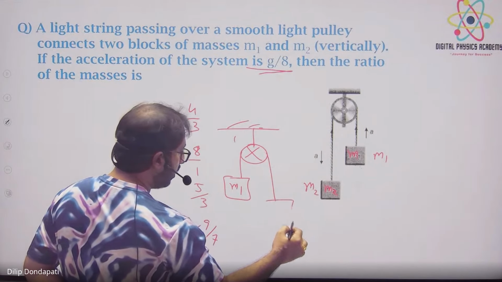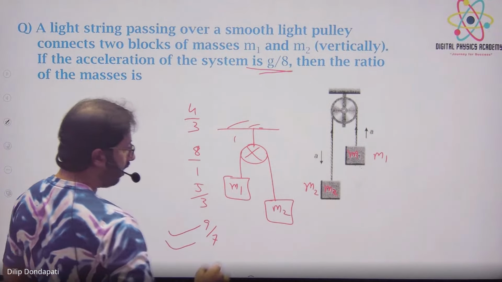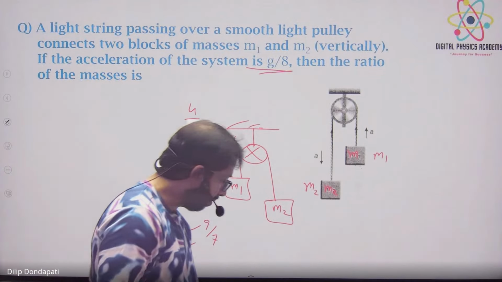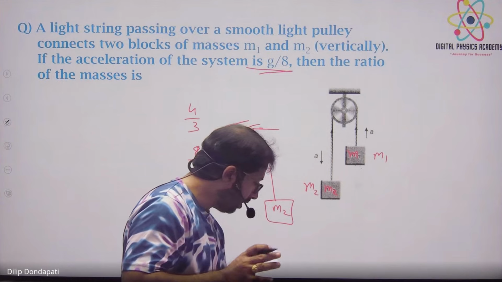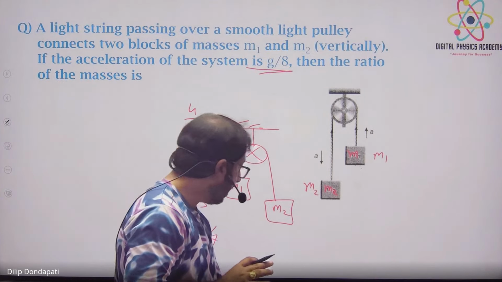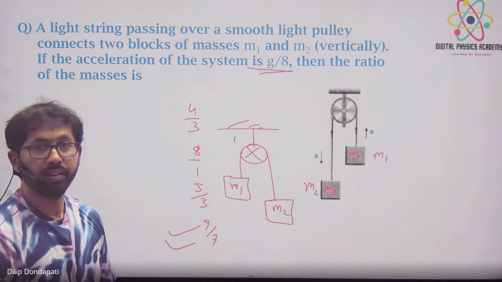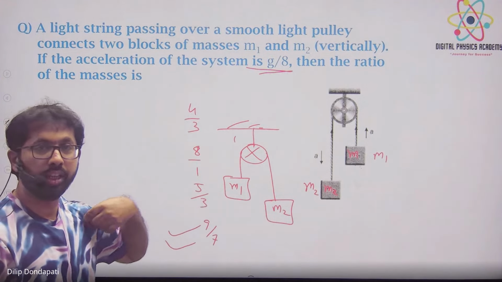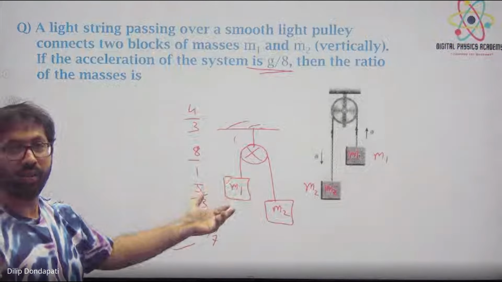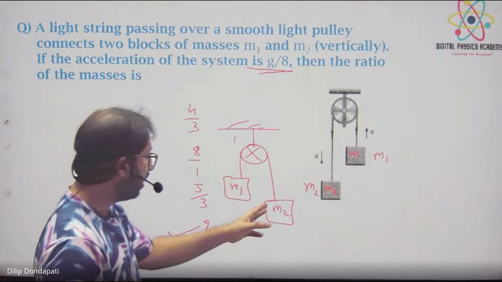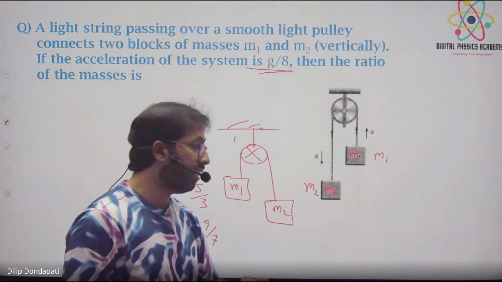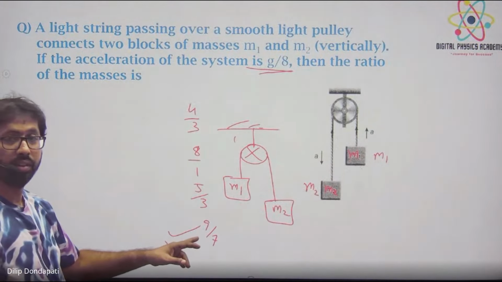They only gave this one as m2. Okay, but here you have to assume. They have not given which is greater and which is lesser. They gave only this diagram. So you have to assume, saying m2 greater or m1 greater. Okay, so we got how much? m2 by m1 you got as 9/7, yes Krishna? Yes, this is the answer.